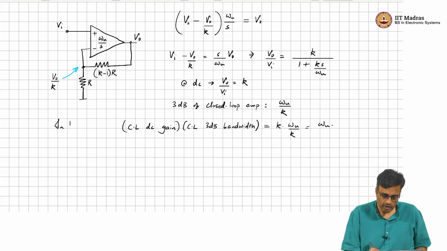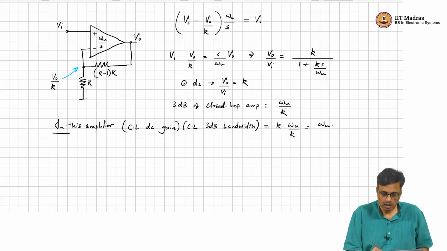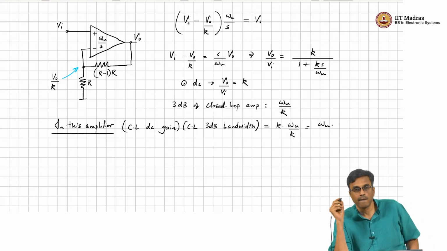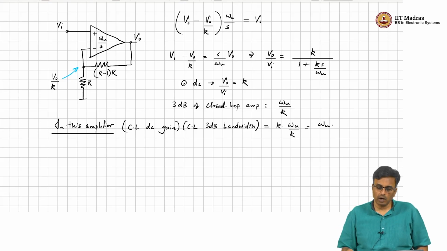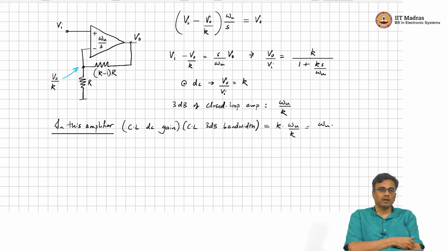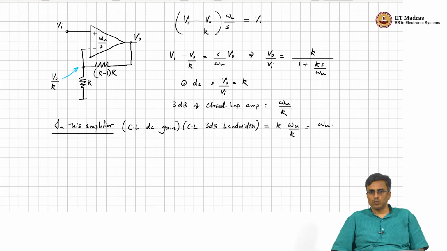So the key point is, in this amplifier, it just so turns out that the product of the DC gain times the 3 dB bandwidth just so happens to be the same as the unity gain bandwidth of the op amp.